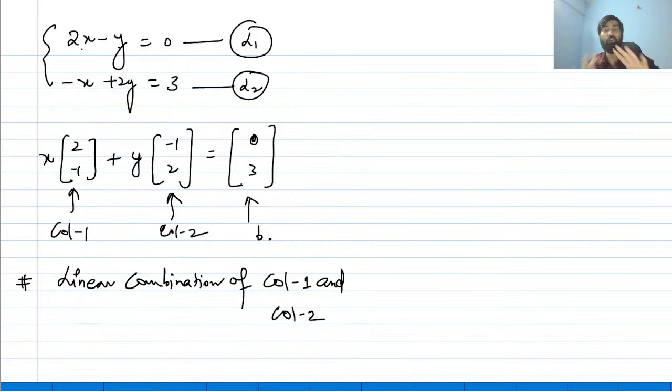Now the question is how to plot this on an xy plane. You know how to add two vectors. Here we are adding two vectors because x and y are constants.